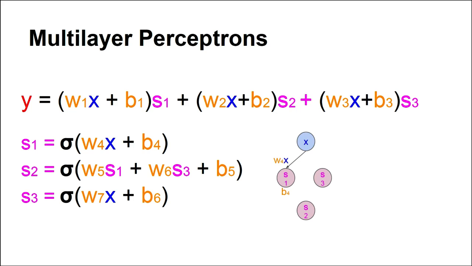For instance, an edge from x to S1 means that S1 is a linear combination of the value of x times a parameter plus a bias. You can do the same for S2, and because S2 depends on S1 and S3, you draw an edge from both S1 and S3 to S2.